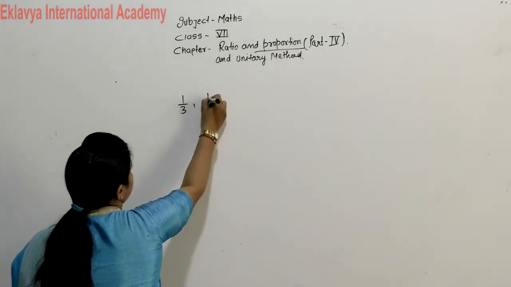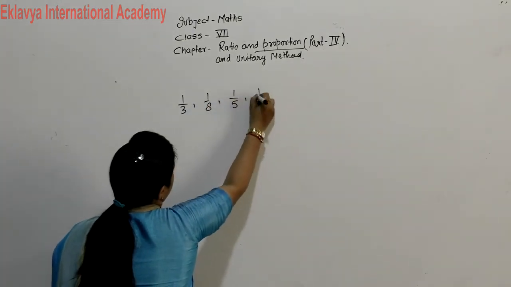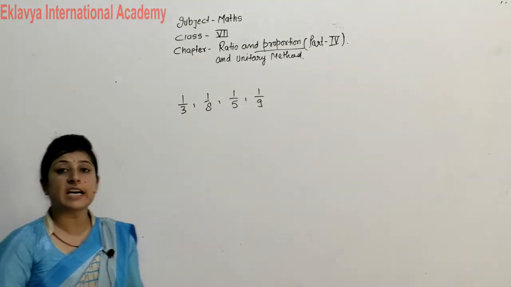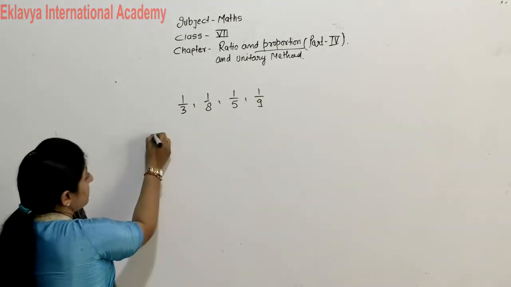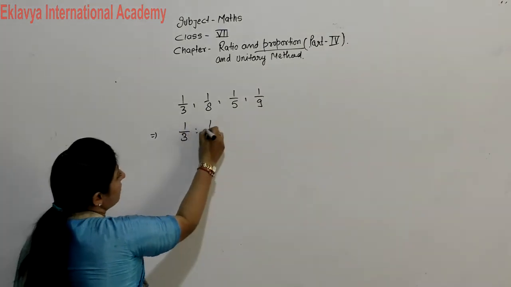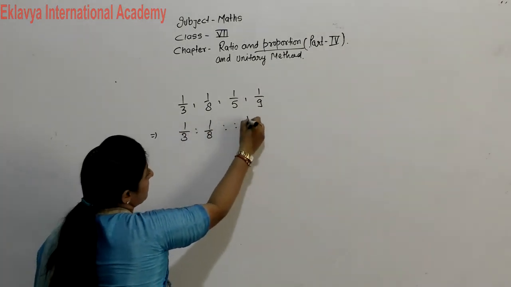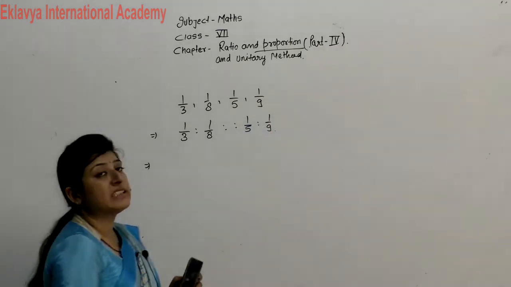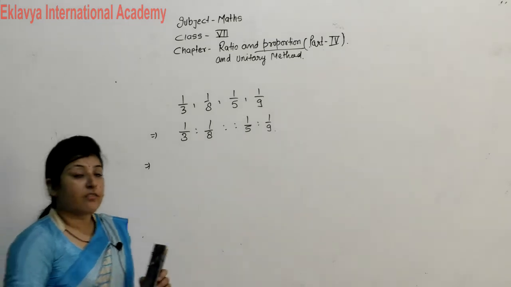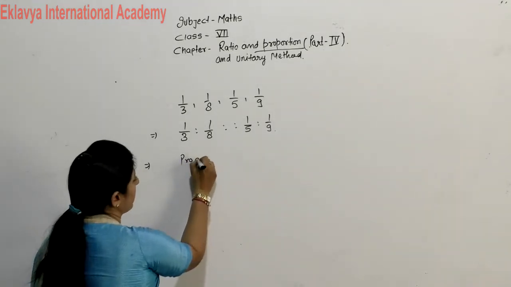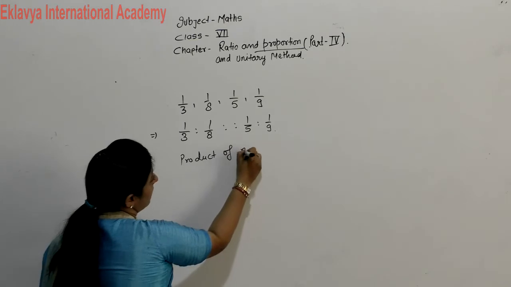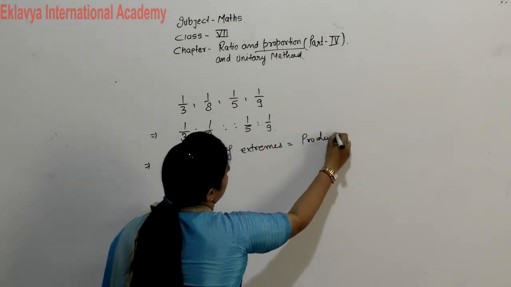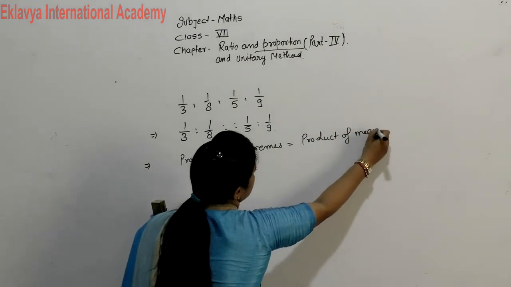1 by 3, 1 by 8, 1 by 5, 1 by 9. It is given to you, find out whether these are in proportion or not. Firstly, we write it in this form. For finding whether these are in proportion, we will use the formula: product of extremes is equal to product of means.